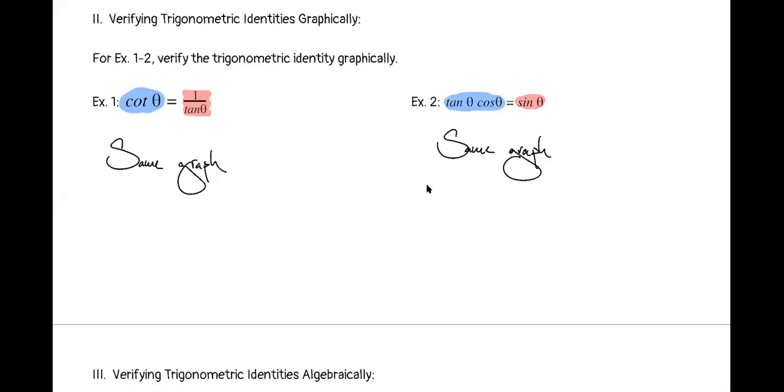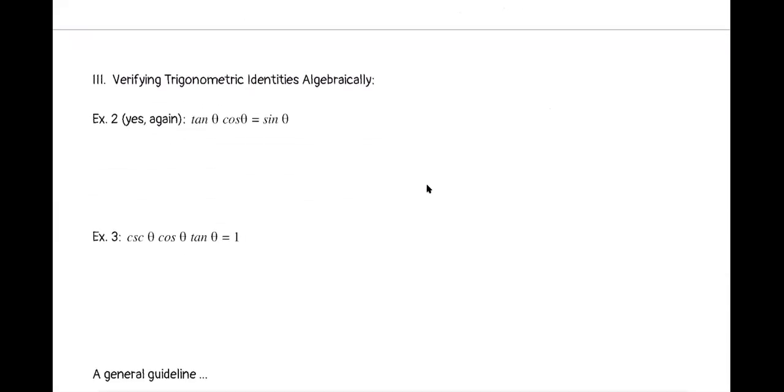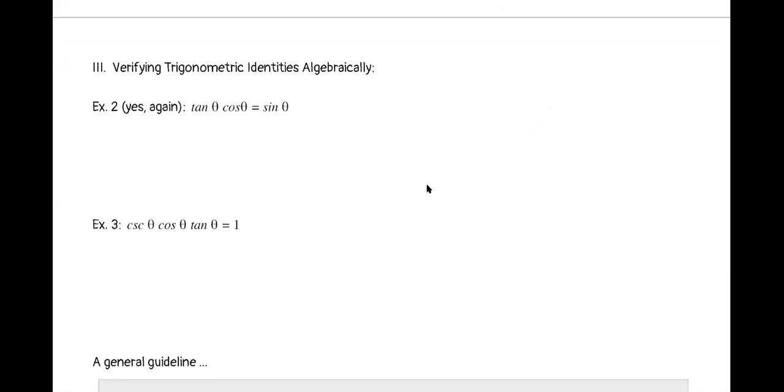All right. So that being said, what I really want to spend our time on today is verifying trig identities algebraically, okay? Like I said, unfortunately or fortunately, this is one of my favorite things to do.